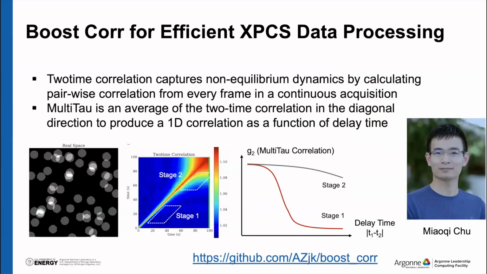They need to be reconstructed using software to create information that is meaningful to the scientists to understand. So here we are using the Boost Core software to do XPCS data processing. This is basically using the dynamics and creating correlations between them to understand how things are changing over time.